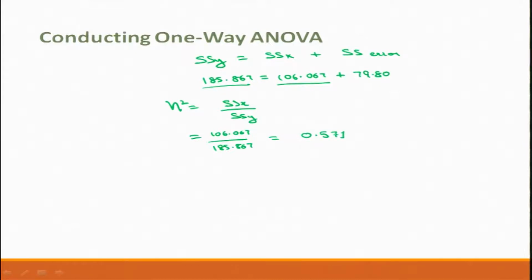In other words, we can say that 57.1% of variation in sales is accounted for by in-store promotion here. 57.1% of sales is due to this categorical variable, in-store promotion.